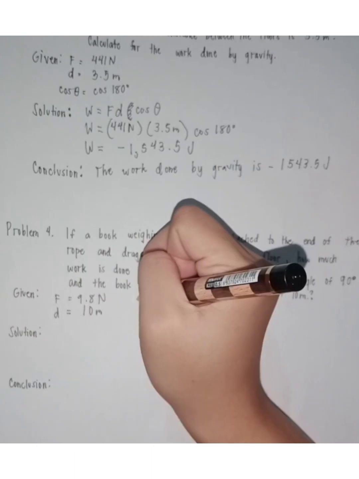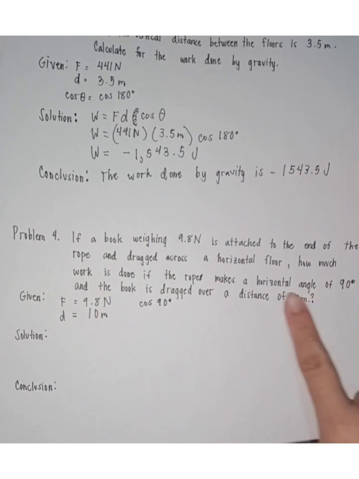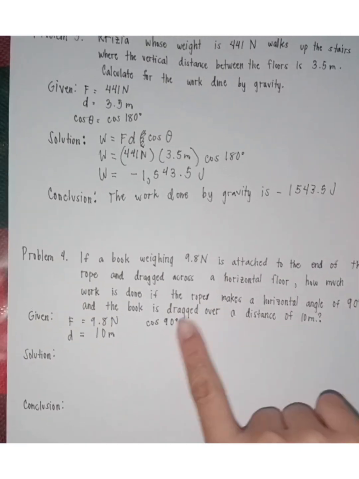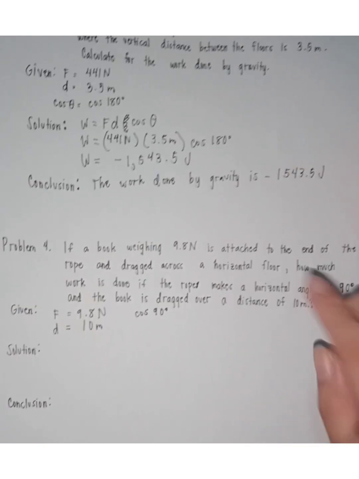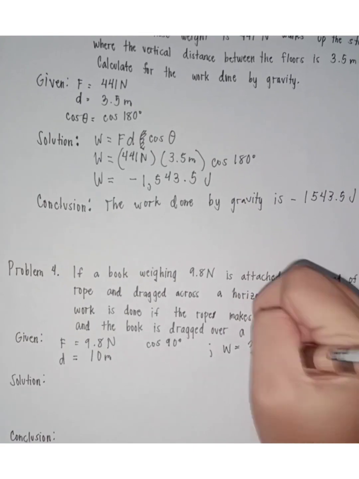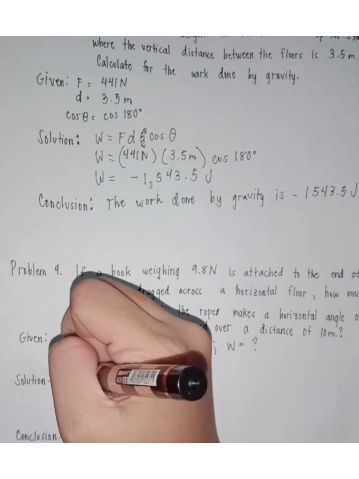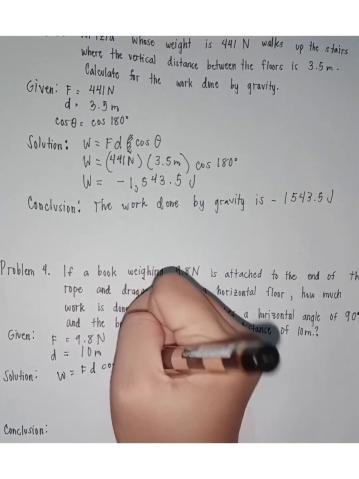We're going to use cosine 90 degrees because the angle the rope made is 90 degrees. We're going to compute for work. Work is unknown.